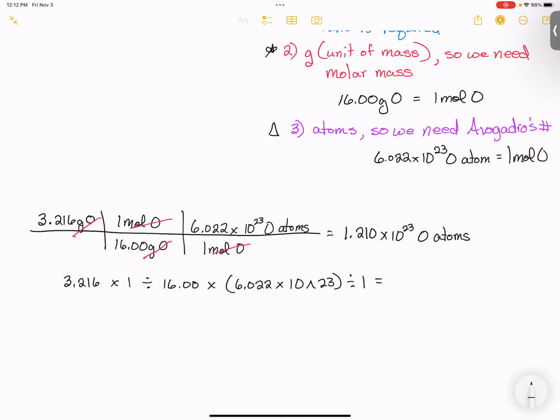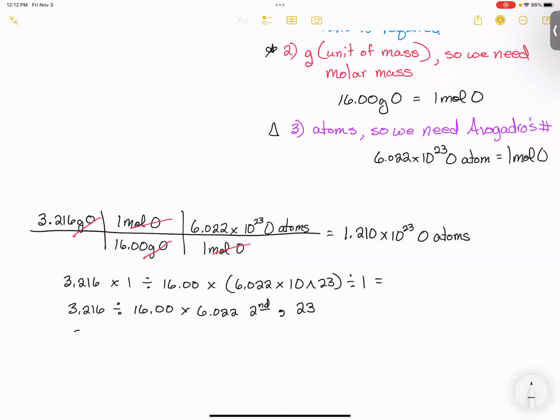Now I will say the way I actually keyed it in was 3.216 divided by 16 times 6.022 and then I used my second comma, technically, 23.